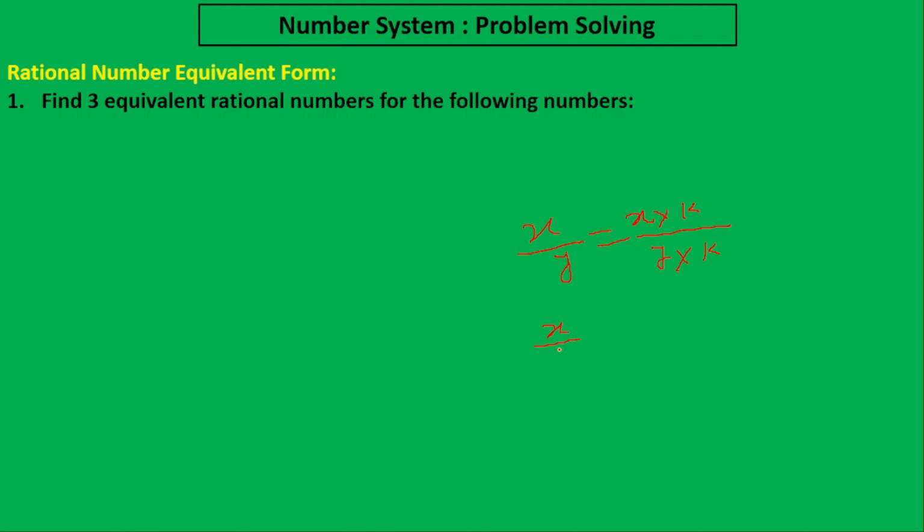Similarly, you divide x and y by k. To make something equivalent, you multiply or divide by the same number. We will see examples. Find 3 equivalent rational numbers for 1 by 7.